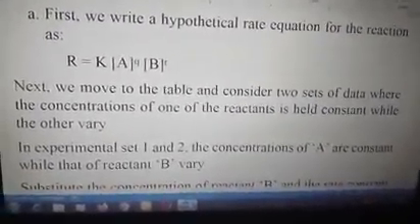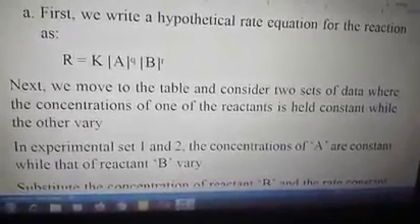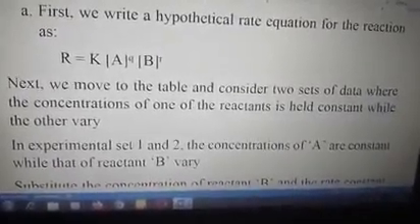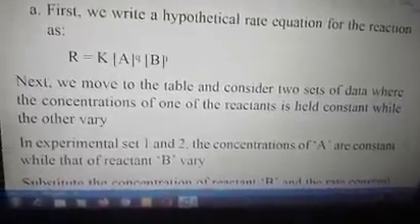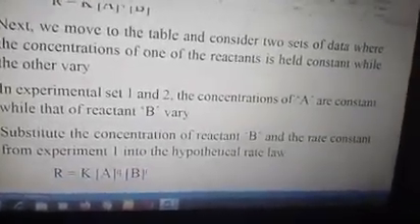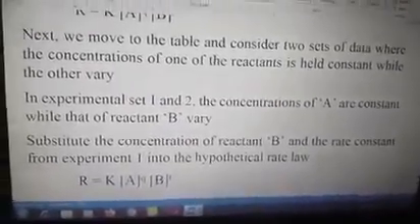So we'll go to the table and find any two sets of data where the concentration of either A in the two sets is constant and B is different, or that of B is constant and A is different. So we'll say in experimental sets 1 and 2, the concentration of A is constant while that of B varies.